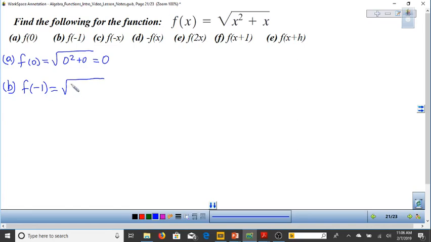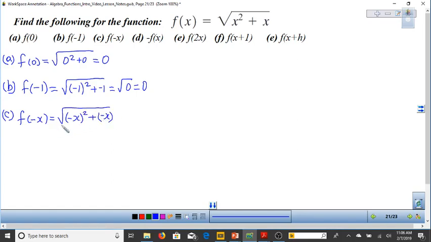f of negative 1 is the square root of negative 1 squared plus negative 1. That's just 1 minus 1, which is 0. So it's the square root of 0, which is 0. So f of negative 1 is also 0. Let's go with part C. f of negative x is equal to the square root of the square of negative x plus negative x.